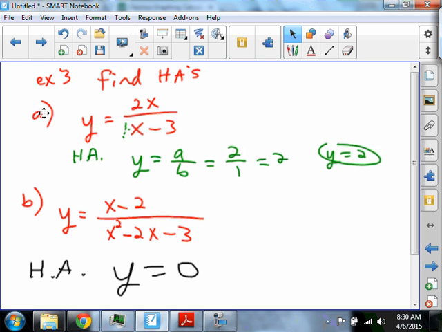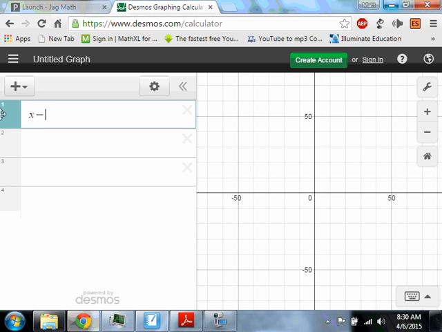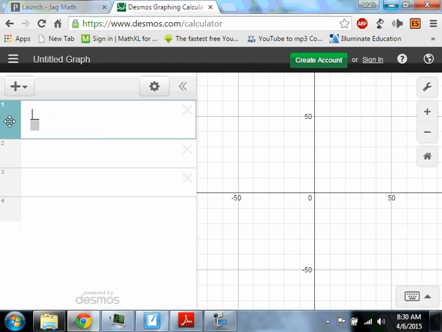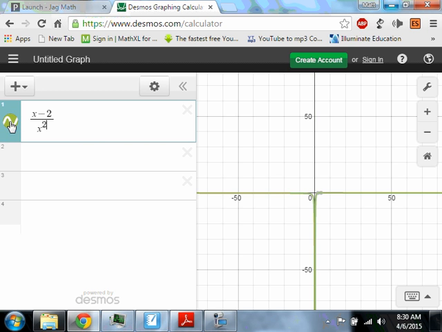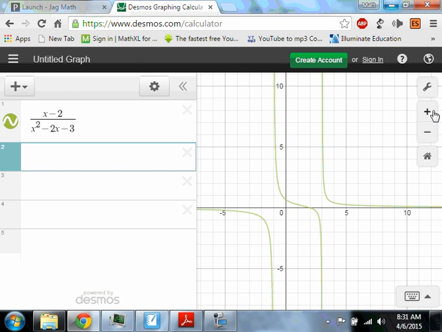So in other words, the graph will never touch down on it. It has a horizontal asymptote.